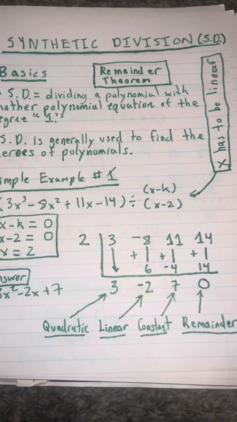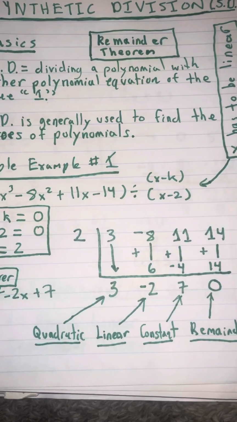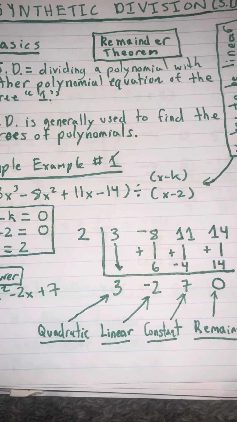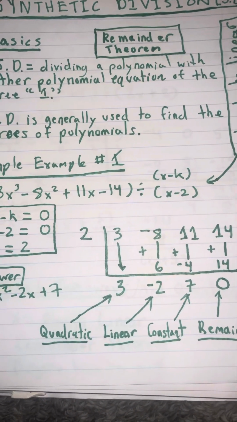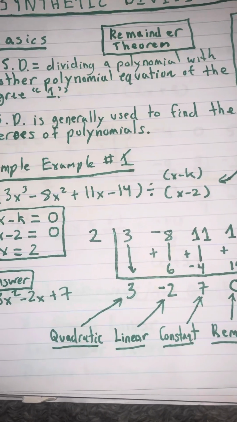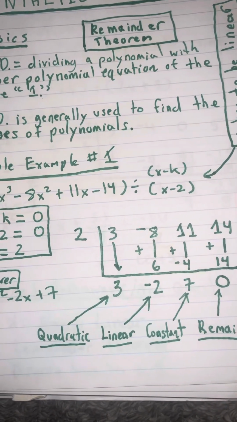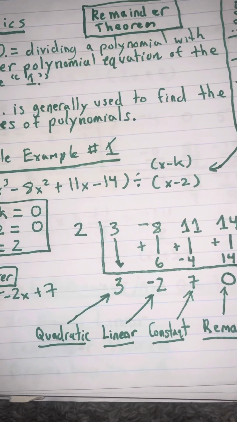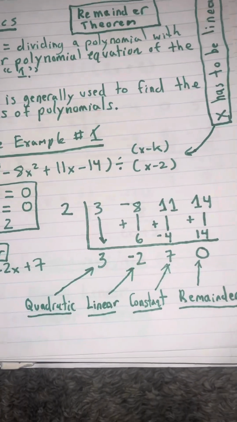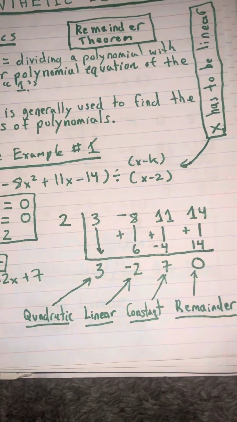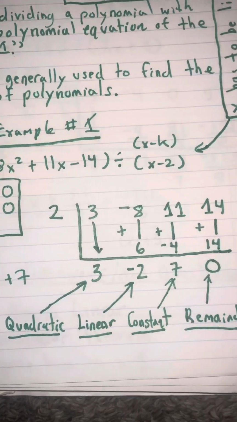Now, we take the number on the outside, and we multiply it by the other number. So for instance, here we have minus 8 plus 6, which is minus 2. And also in the beginning, you're supposed to bring the first number down. So we just do the same thing here.